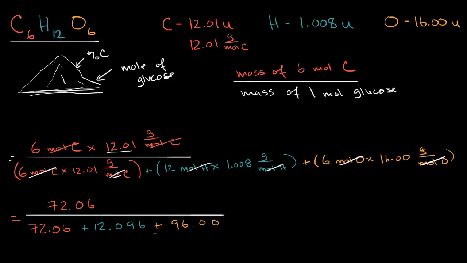And then we have plus 6 times 16 is 96.00. And this will be equal to, if we're just thinking about the pure calculation before we think about significant figures, 72.06 plus 12.096, I get 84.156, plus 96, I get 180.156. Did I do that right?